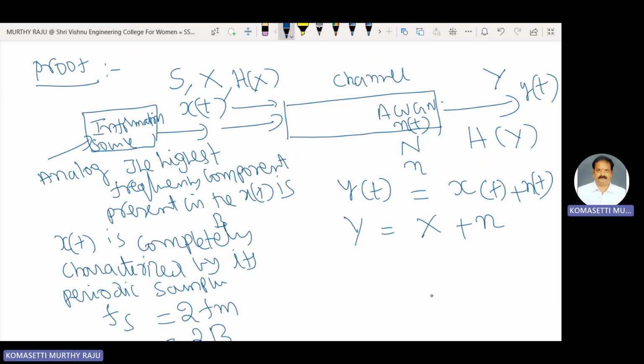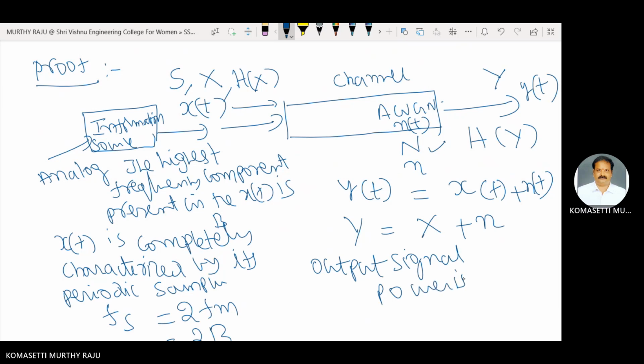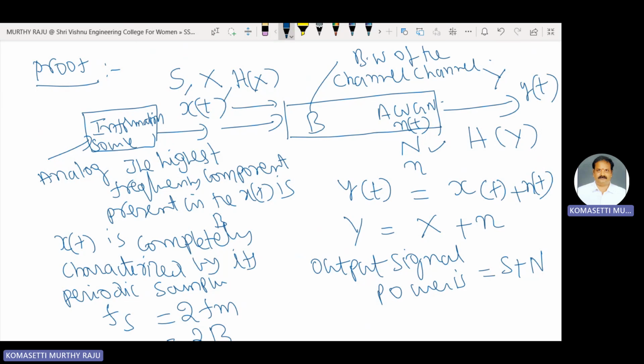In terms of power, signal power is S, noise power is N, and output signal power is S plus N. The bandwidth of the channel is B. See the description of the continuous channel.